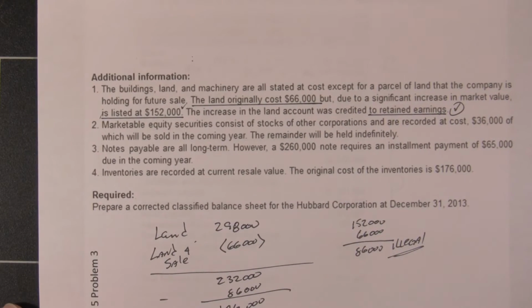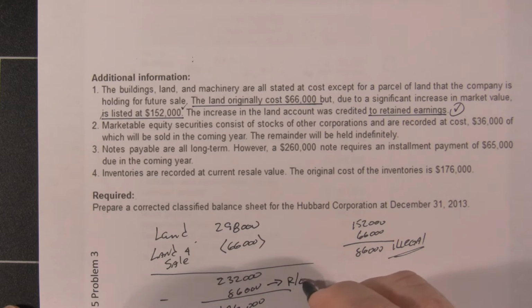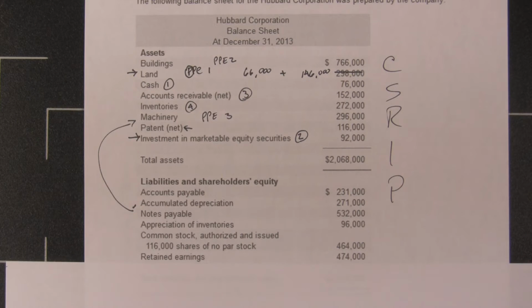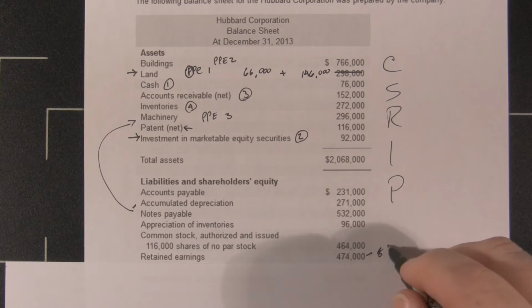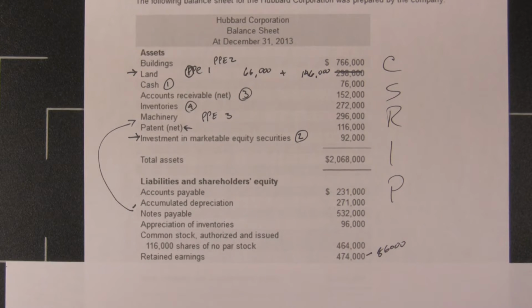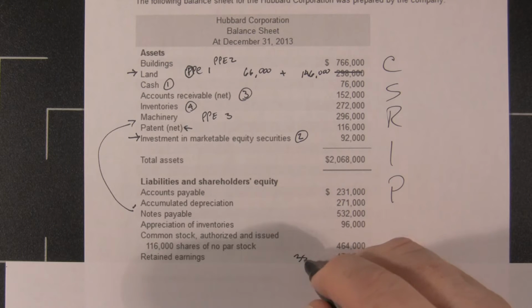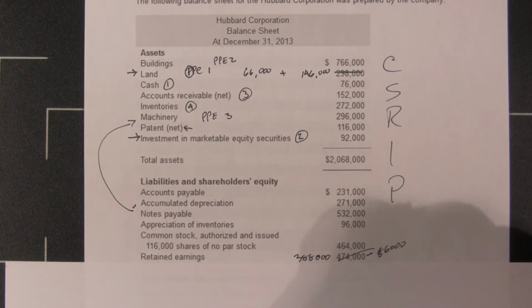So we had to do that piece. Now we're told that this 86,000 was plugged to retained earnings. Well, we have to go find our retained earnings, 474, and take out that 86. Shouldn't have put it there in the first place. We got to take that out. So when we do that, our new retained earnings balance comes to 388. That's where it should have been all along.